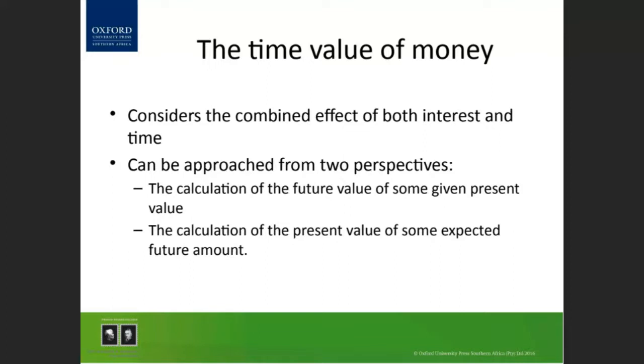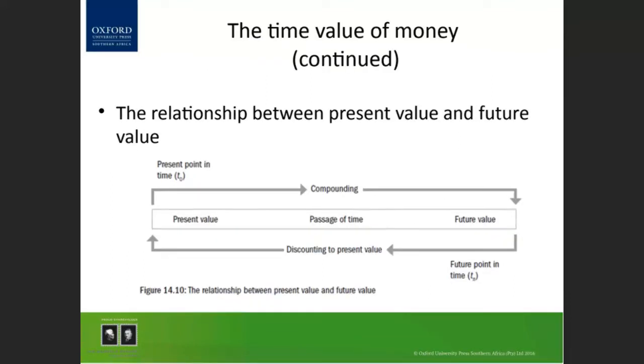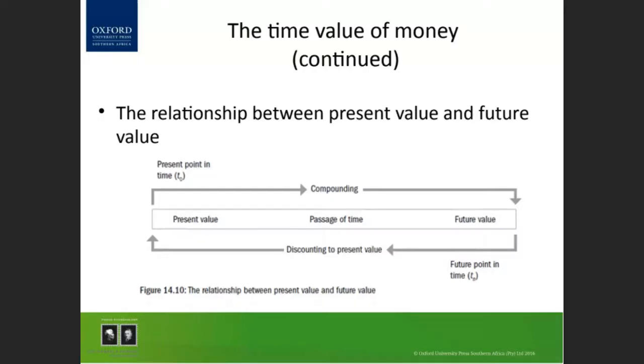I'm sure I explained this. Basically, this figure, which is also in your textbook, shows the relationship between present values and future values. And in this case, you should remember the compounding effect of interest, and also when you want to reduce it to present values, you should also discount so that you remove the effect also of interest.